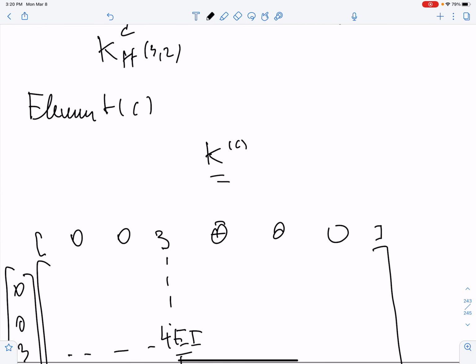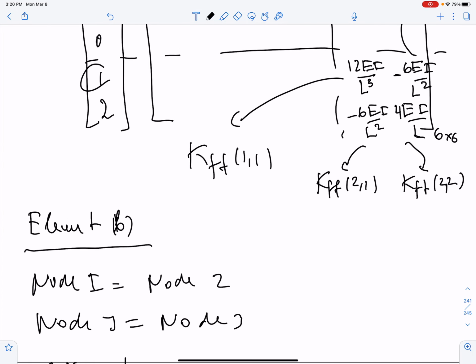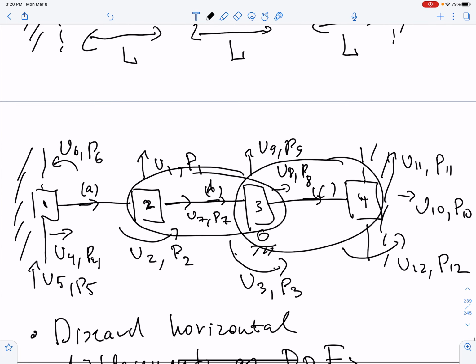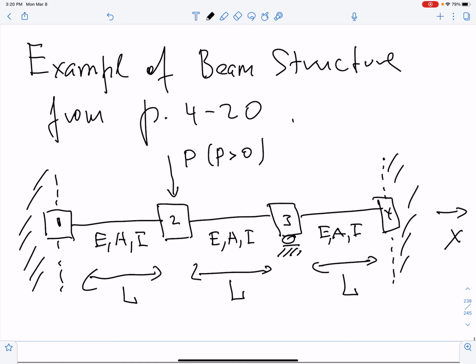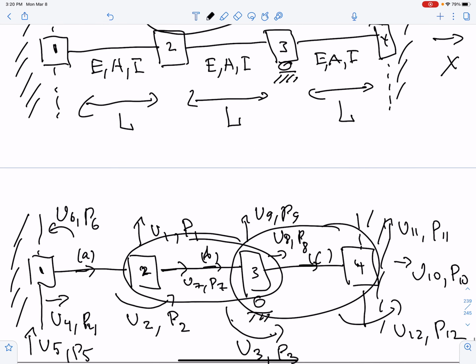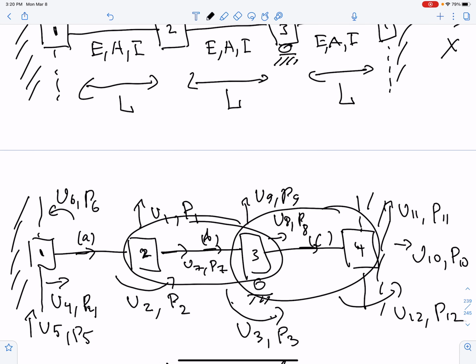Okay, if we again look back at our problem setup, recall we're applying a force P in the vertical direction at node 2, looking at that picture. This is exactly the negative for P1.